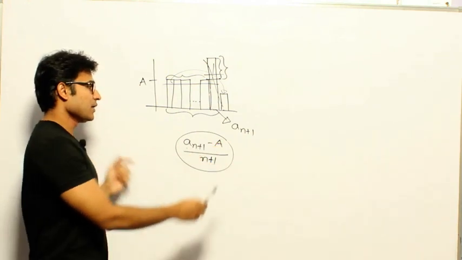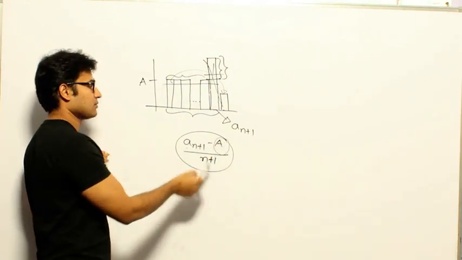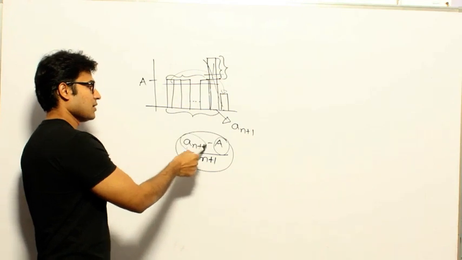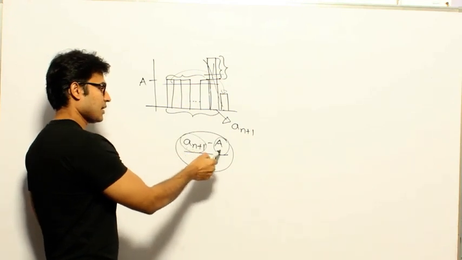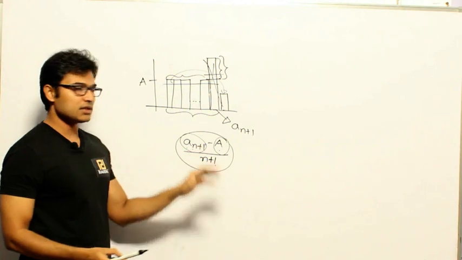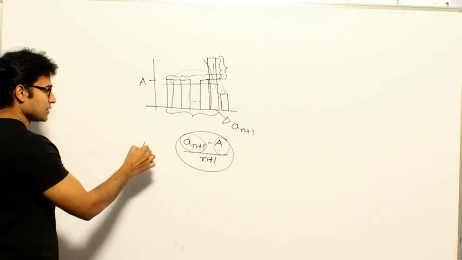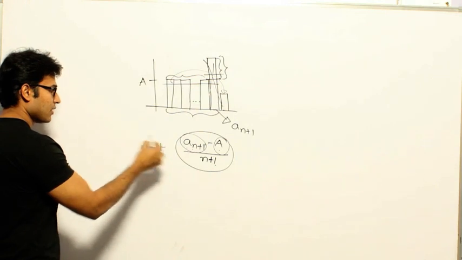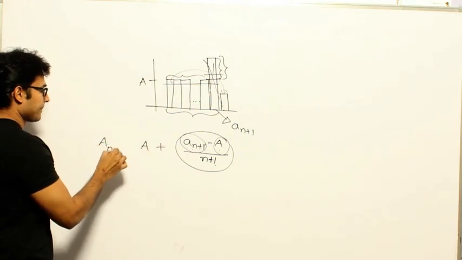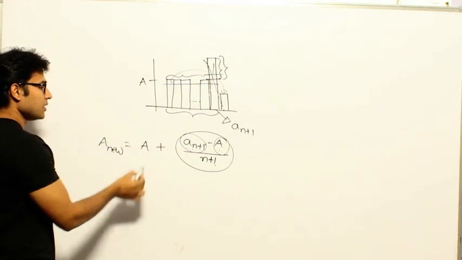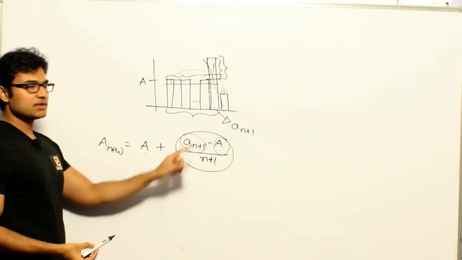So what is it? The existing average, and this is the new value added. New value minus existing average, divided by n plus 1, is the difference that we are going to have. So if our original average is this A, then our final new average will be this. The new average of the group will be the original average plus this.